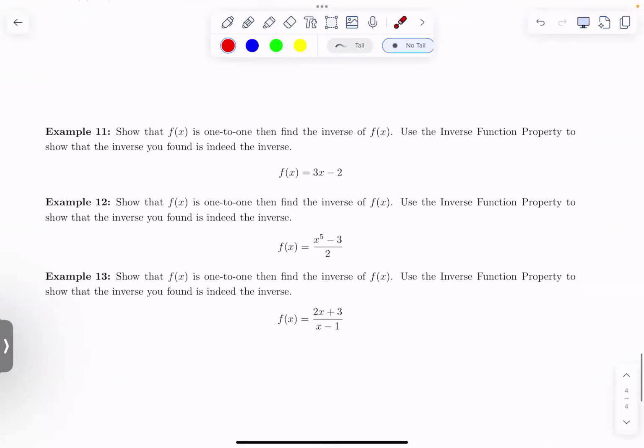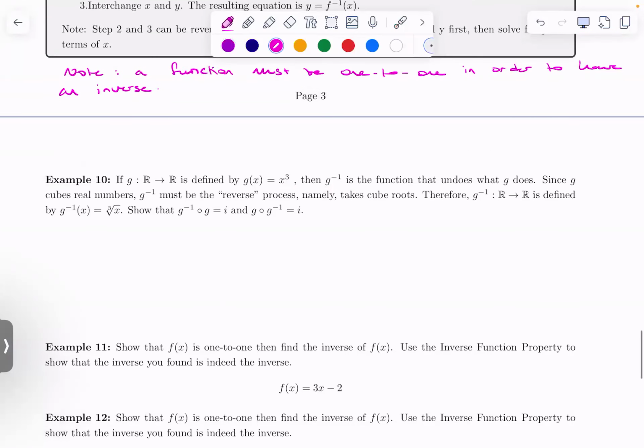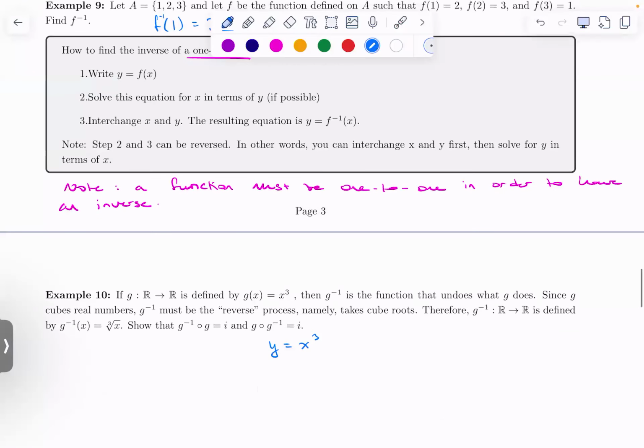I've got these 3 examples for us to do, but let's do this last little bit of notes first. So if g is x to the power of 3, then g inverse is the function that undoes what g does. If we follow those steps and find the inverse, we can write y equals x to the power of 3. That's the first step. We can solve for x.